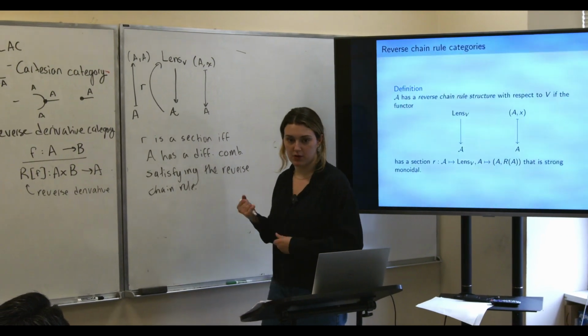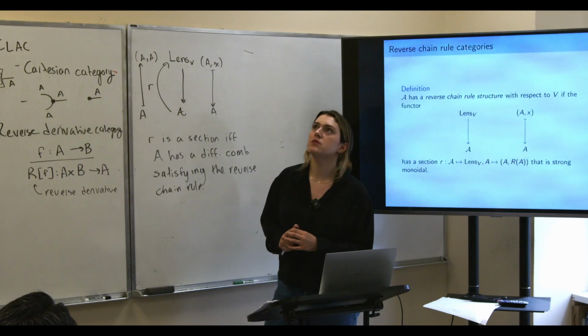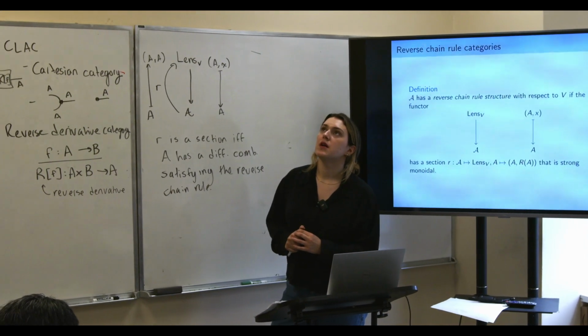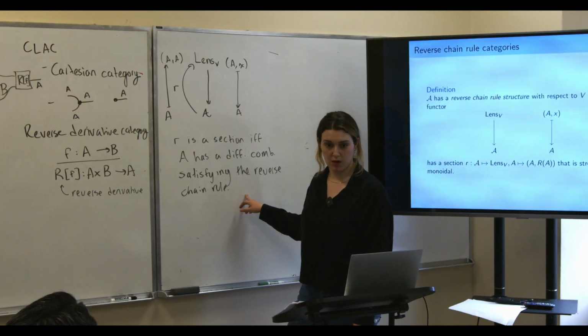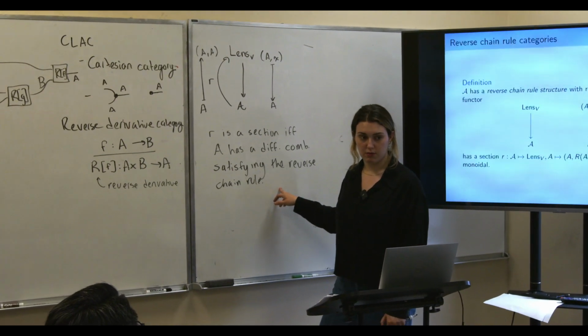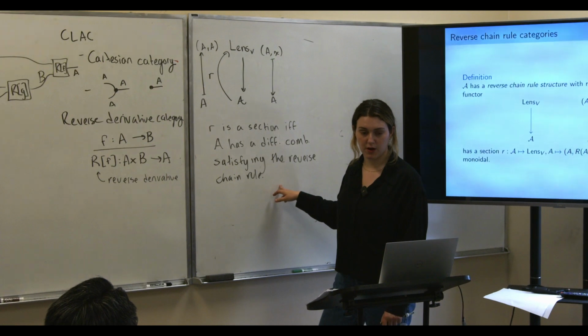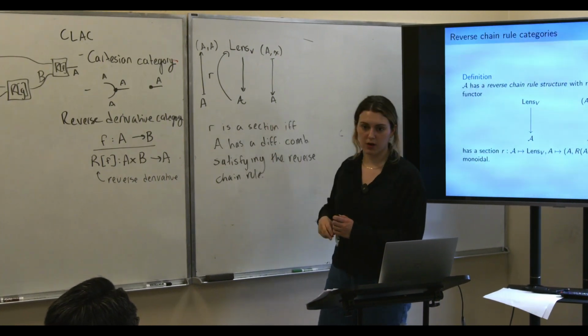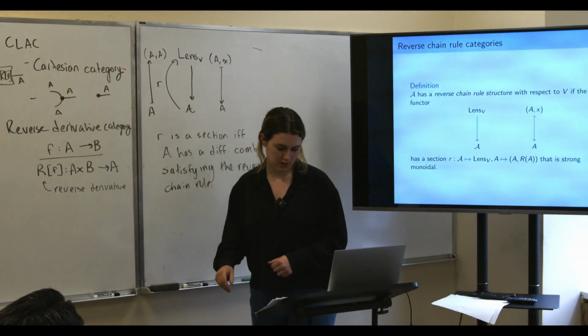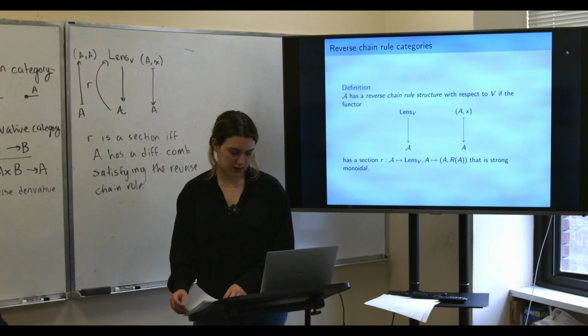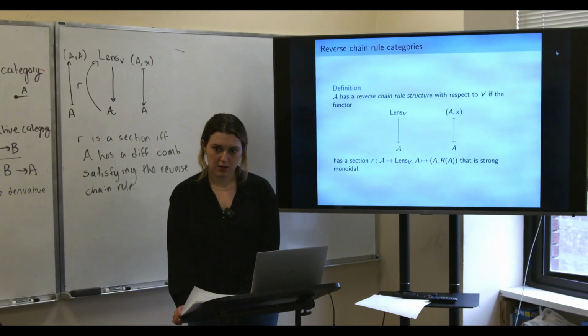Yes, we're going to want that to be strong monoidal. For this statement, no, it doesn't have to be strong monoidal. We're going to always want R to be strong monoidal to make the rest of everything work, but it does not actually have to be strong monoidal to make just this statement work. Okay. All right. Any other questions?